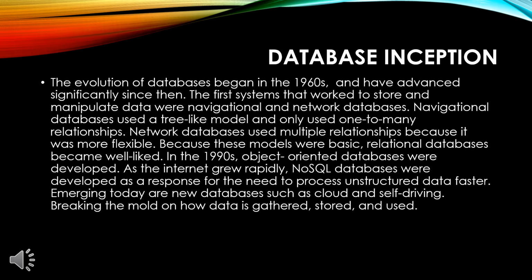Because these models were basic, relational databases became well-liked. In the 1990s, object-oriented databases were developed. And as the internet grew rapidly, NoSQL databases were developed as a response for the need to process unstructured data faster. Emerging today are new databases such as cloud and self-driving, breaking the mold on how data is gathered, stored, and used.